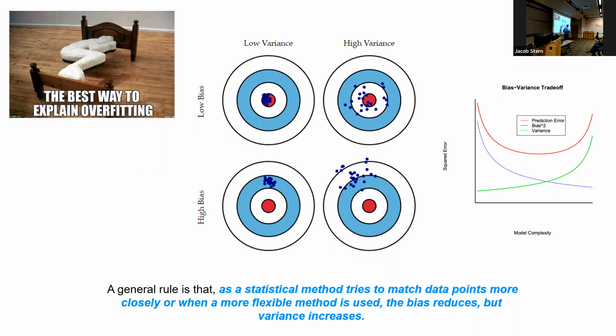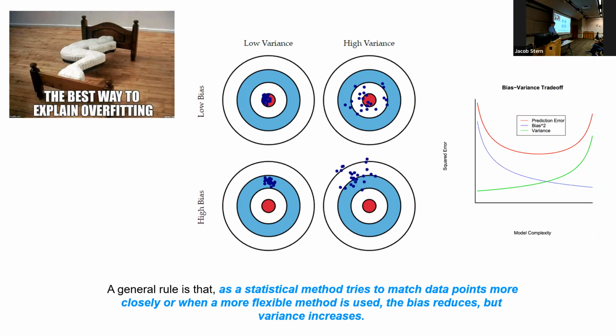And then high bias, high variance will produce predictions that are both shifted and scattered. So these are just like opposite characteristics. Yeah, so low bias would be more accurate, and low variance would be higher precision.